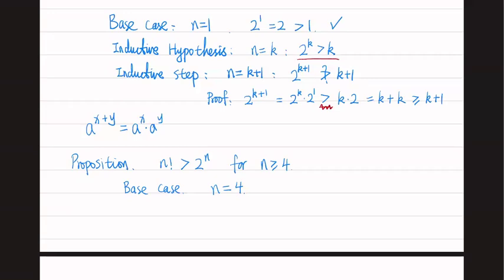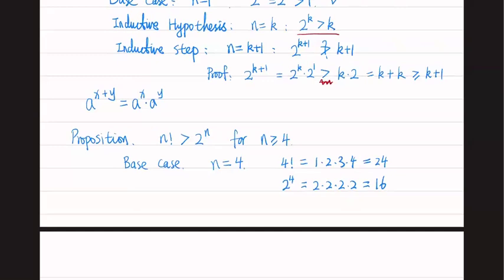Let's check if it is true or false. N equal to 4, 4 factorial is 1 times 2 times 3 times 4. This will be 24. And 2 to the 4 will be 2, 2, 2, 2, 16. Okay, for the base case, we verified this is bigger.